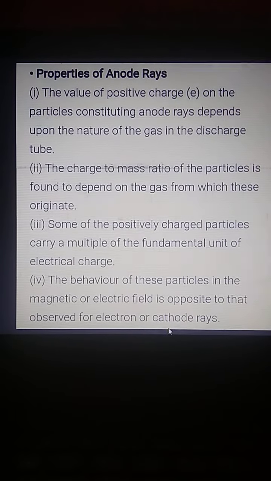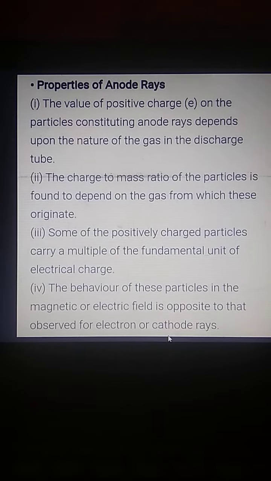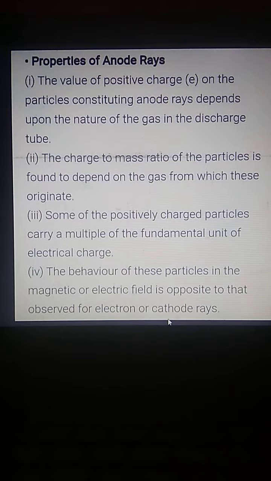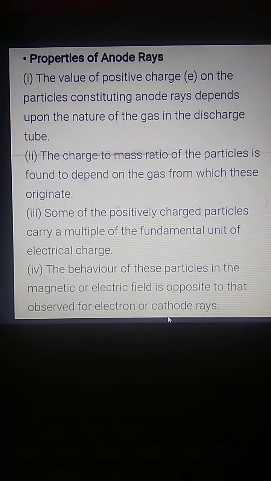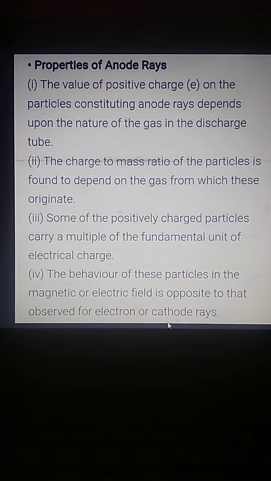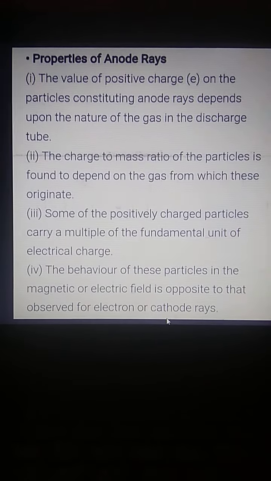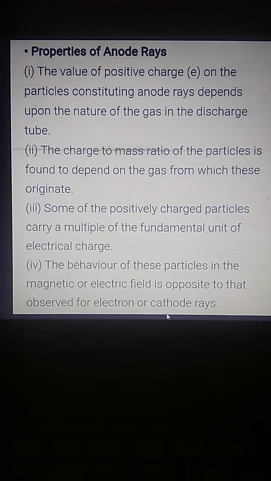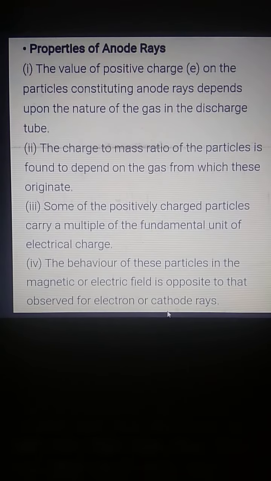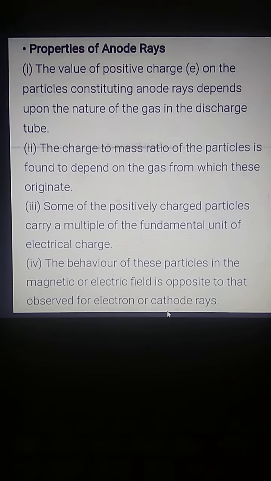The positive charge on the particles is a multiple of the fundamental unit of electrical charge, and the fundamental unit taken is the charge of hydrogen. The behavior of the particles in an electric or magnetic field is opposite to that of cathode rays. Cathode rays deflect towards the positive plate, and anode rays deflect towards the negative plate.